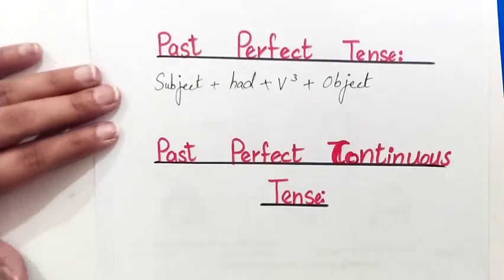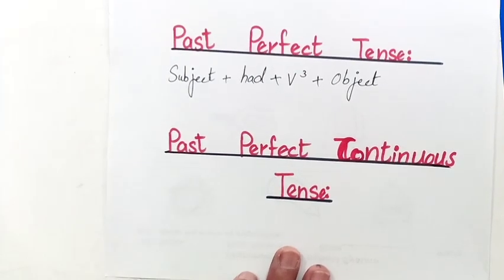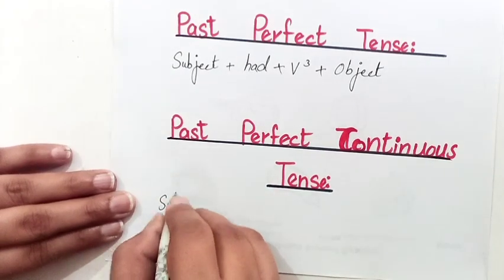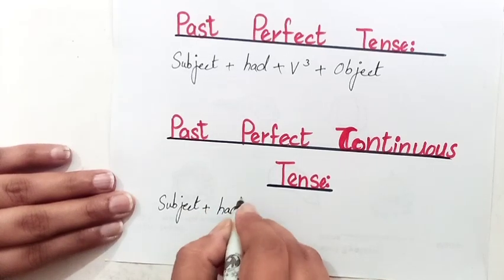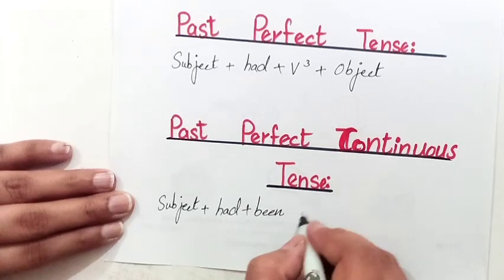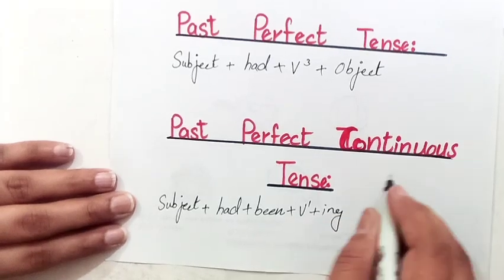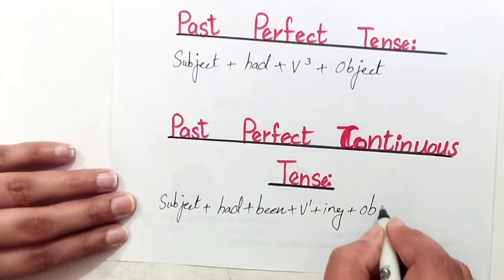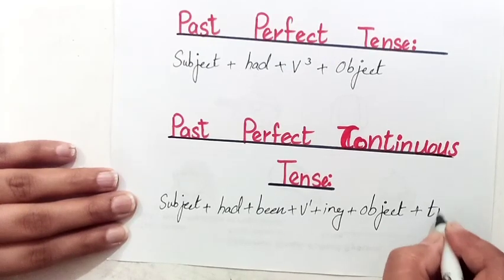Now we will learn the formation of past perfect continuous tense. The formation is subject plus had plus been plus V1, that is first form of verb, plus ing that shows the continuity, plus object plus time.